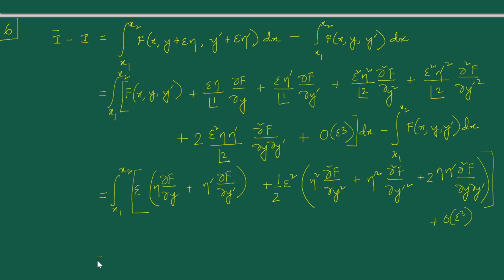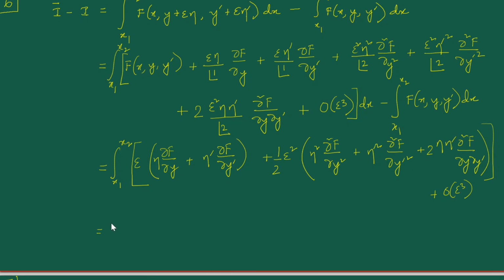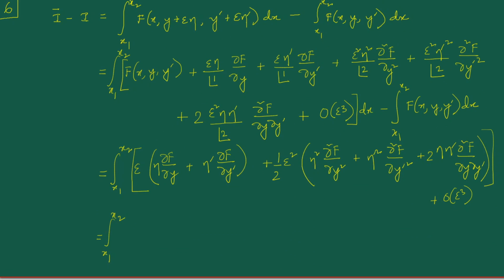Okay, so as a last step here, we can write this as epsilon times eta del y plus eta dash del y dash, whole thing operating on f, and similarly here half epsilon square.